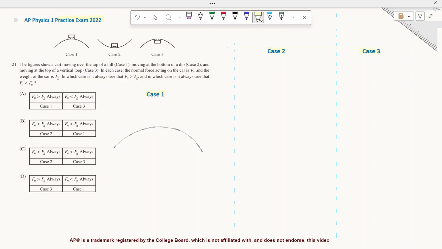In the first case, you see that a cart is at the top of this track, right at this position, when it is moving over this curved path. This curved path is a part of this circle. This is just representing a section of this circular path.